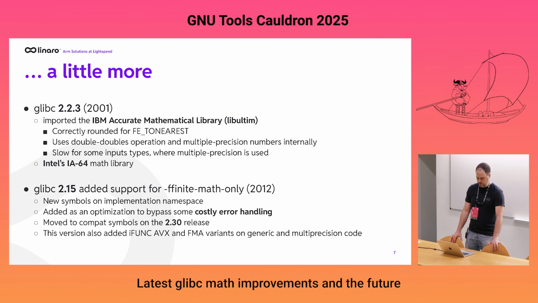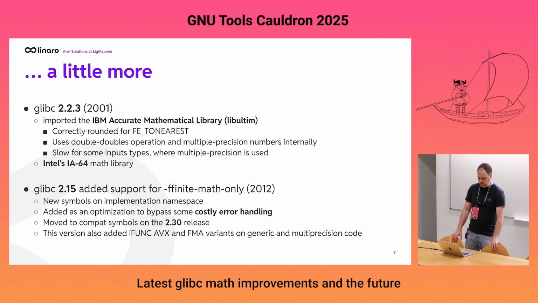I'm not sure if it handles the denormals. But the whole idea is you have new symbols in the libm that the compiler will call instead of the default ones, so you can bypass some error handling. And it also was not well designed, and we ended up moving to compat symbols in 2.30.